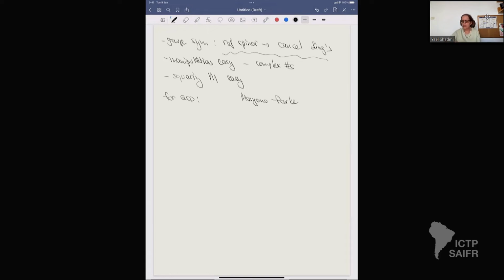And what they give you in this table is the number of Feynman diagrams that contribute to gluon gluon goes to n gluons. This is tree level.